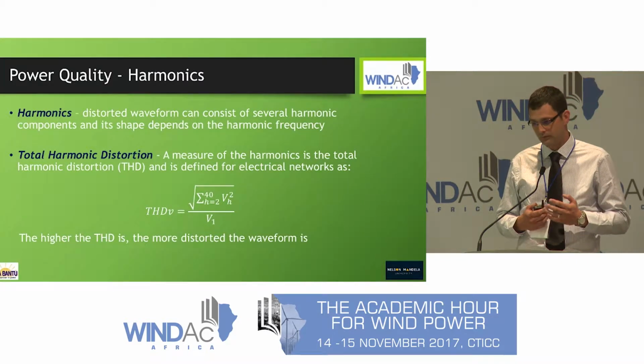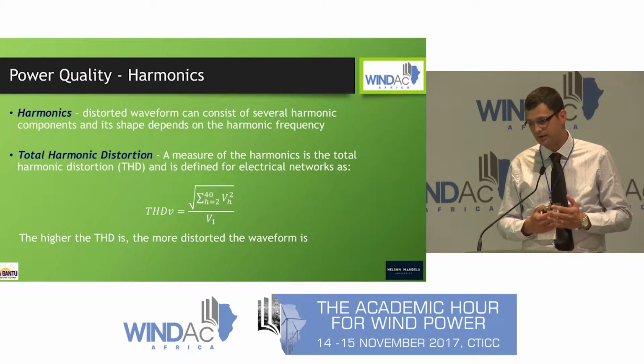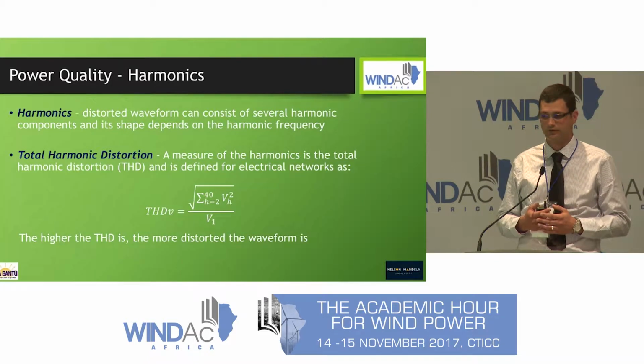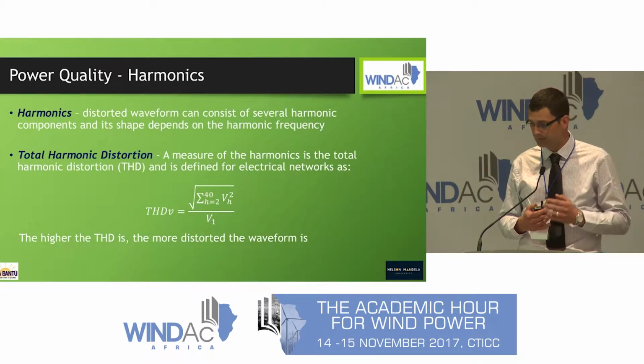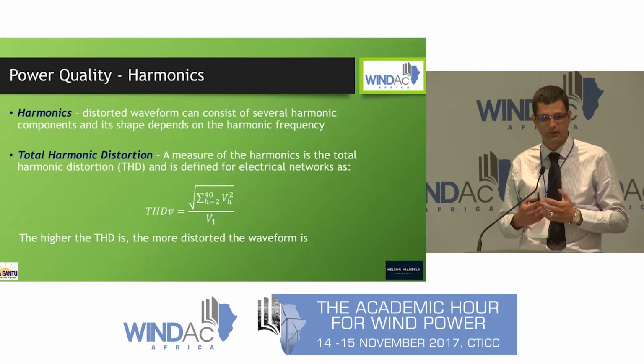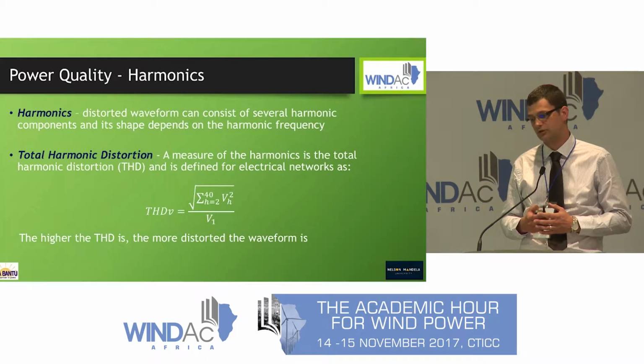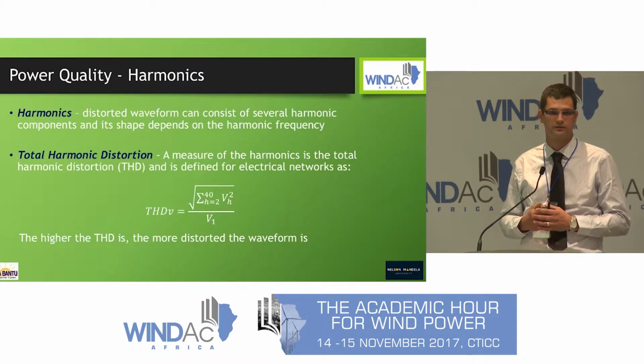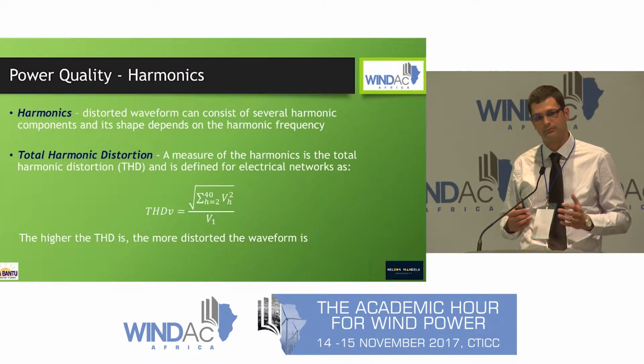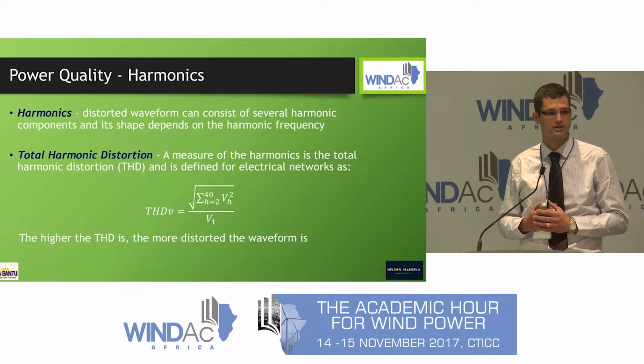A measure of the harmonics is the total harmonic distortion, defined for electrical networks by that formula. Basically, the higher the total harmonic distortion is, the more distorted the waveform is. Total harmonic distortion is kind of a summary of all the harmonics being measured on a system.